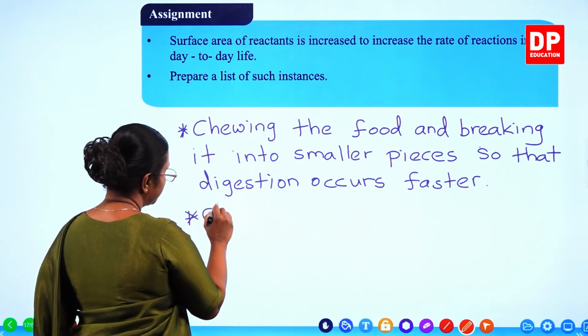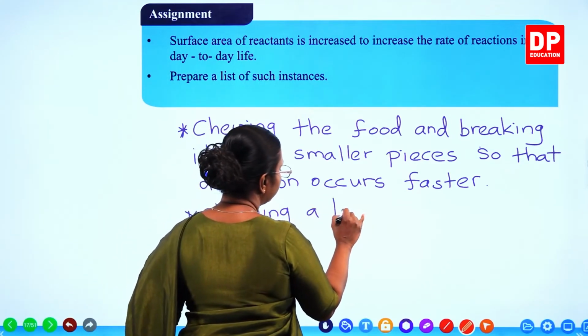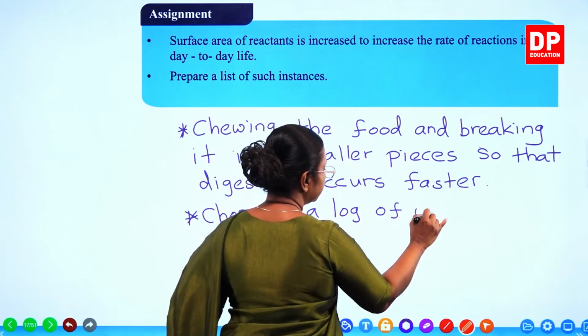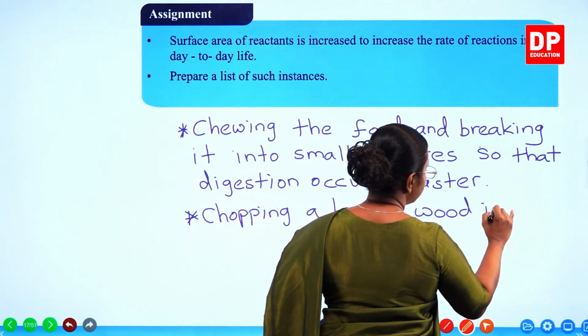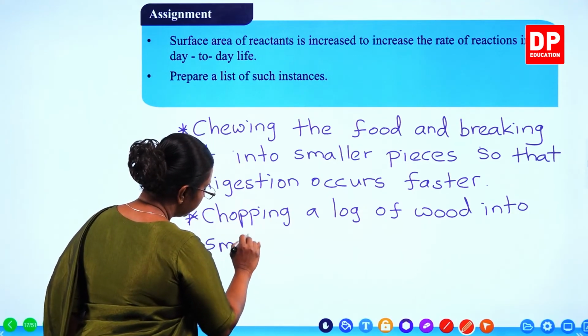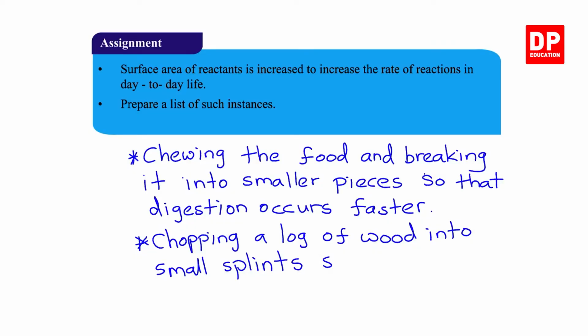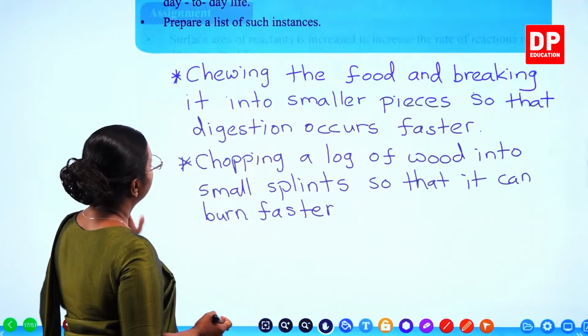Then chopping a log of wood into small splints so that it can burn faster. Like that.